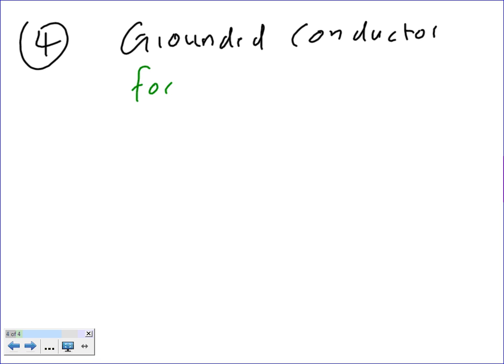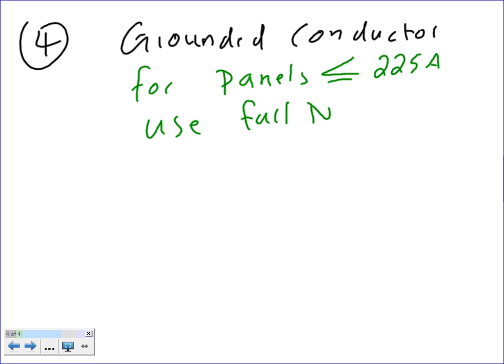For panels equal to or less than 225 amps, use a full neutral, and next to it CSK. Anything 225 amp panels, it's a good idea to use a full neutral because of harmonics and a whole bunch of issues.